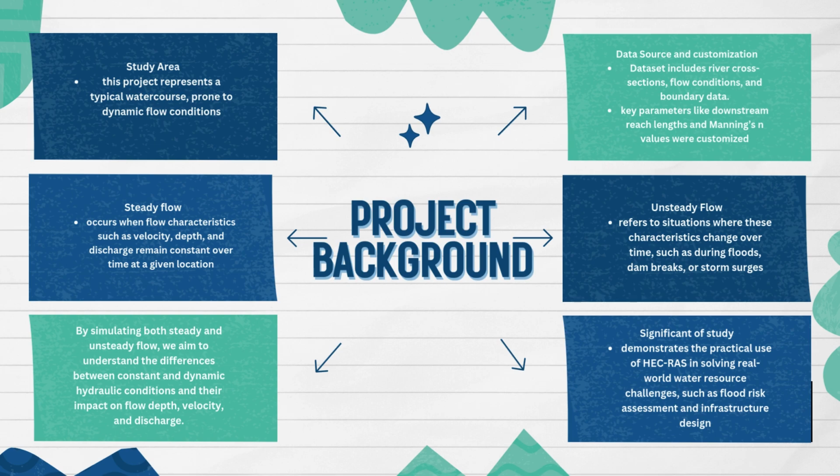This type of analysis is useful for scenarios where conditions are relatively stable, like designing canals or analyzing long-term river behavior. On the other hand, unsteady flow refers to situations where these characteristics change over time, such as during floods, dam breaks, or storm surge.